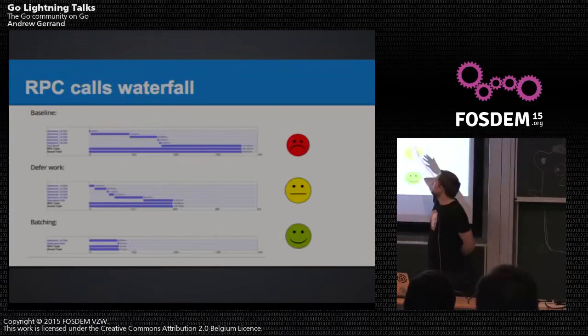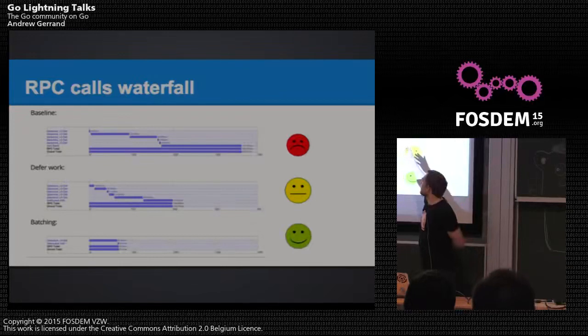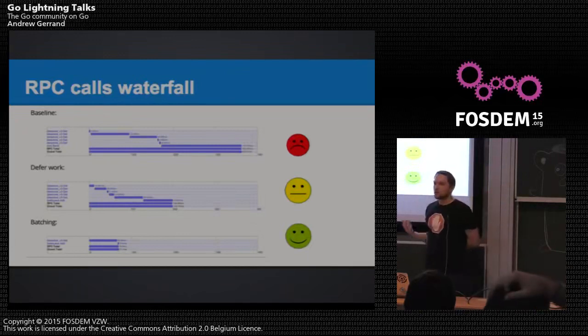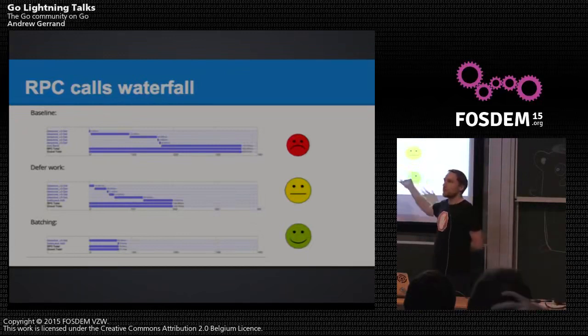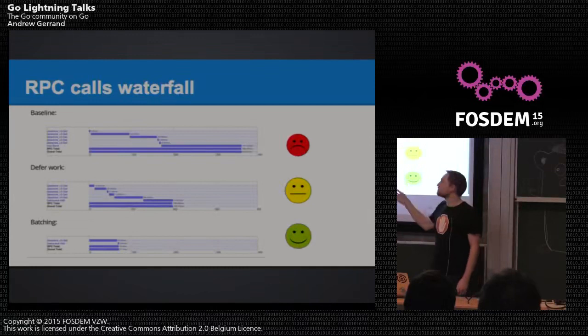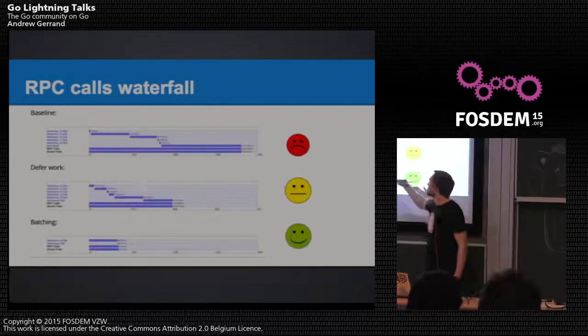Here you have a bad request because it will take 400 milliseconds to process because of a few RPC calls. So you can cut that in half by deferring some work, like I need to send a confirmation email about that action. Well, maybe I can do that later after the HTTP response, and you should. So it's better.